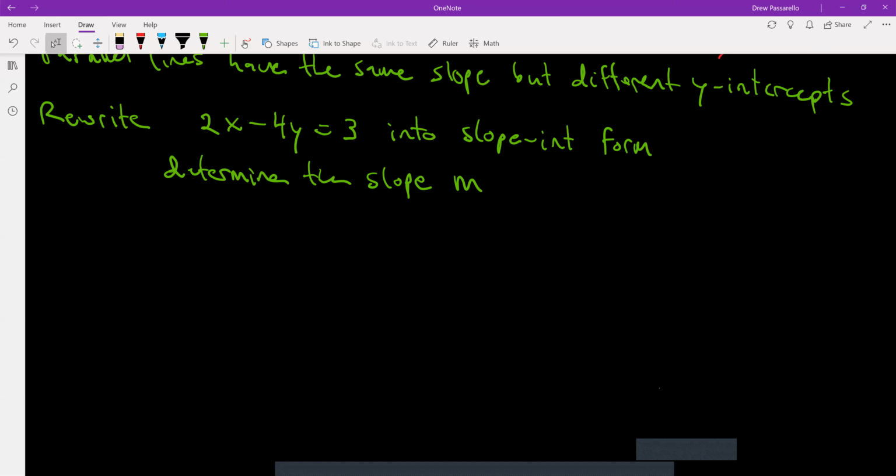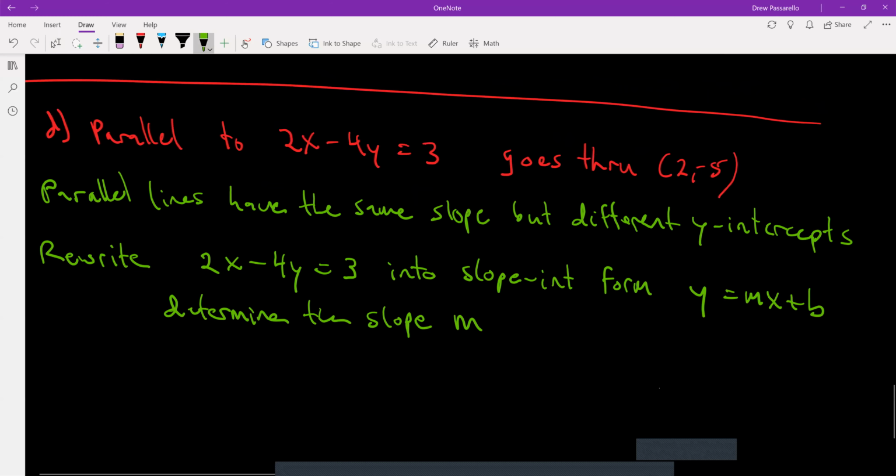Slope-intercept form is y equals mx plus b. I'm using the given line in the question, rewriting it into slope-intercept form in order to determine its slope. And that way, since I know what the slope is, I know the slope of the other line is going to be the same.